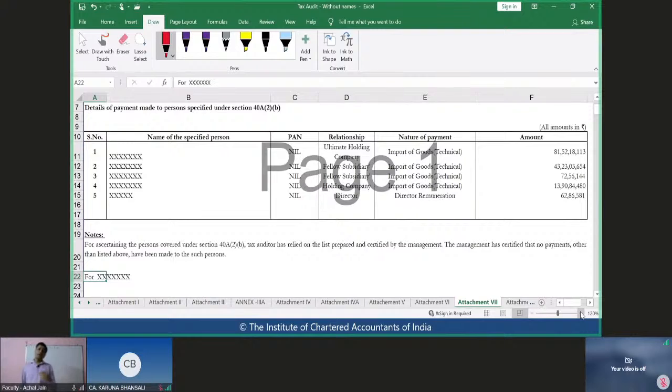Because even if the auditor will analyze the organization structure, even if the auditor will go through various details around the various relationships which may be there in the organization structure of the company, still there could be certain entities which may be required to be reported under this clause and which are not considered by the management and which may never come to the knowledge of the auditor.